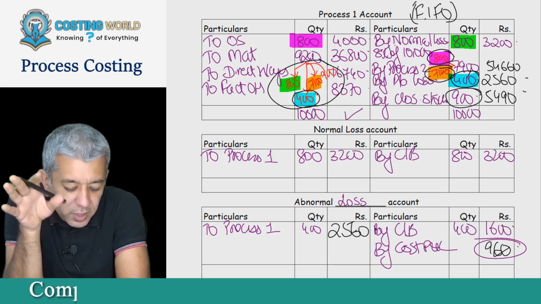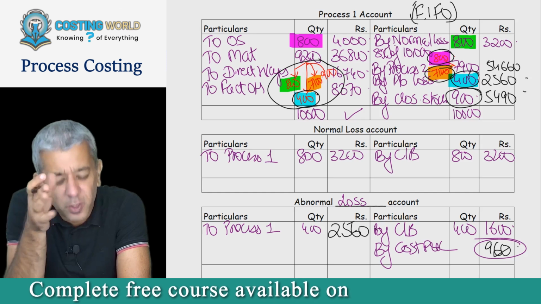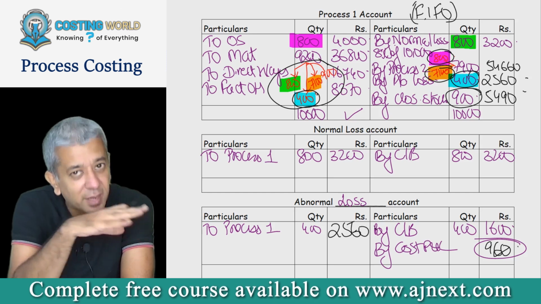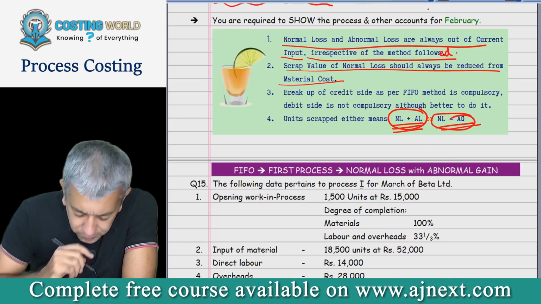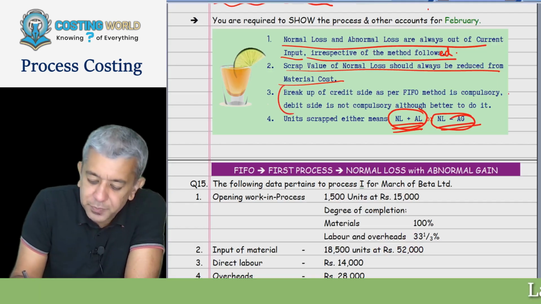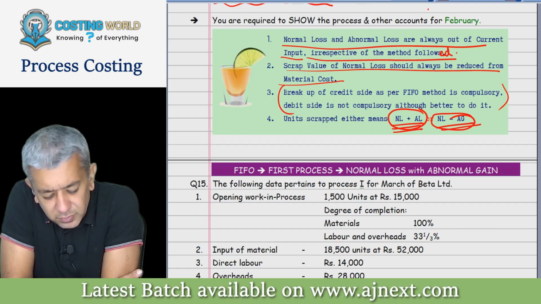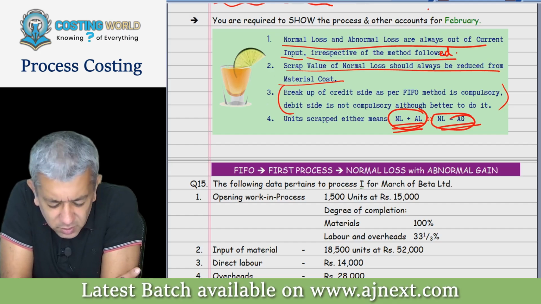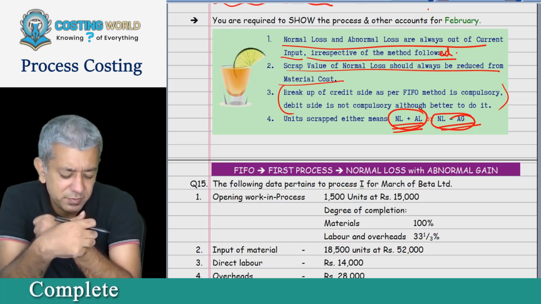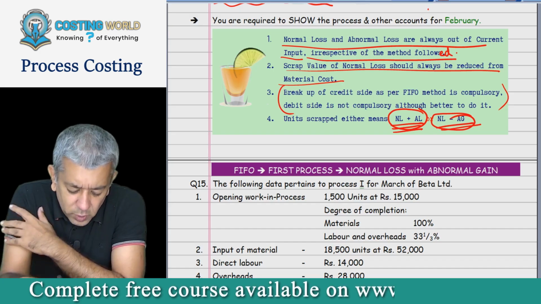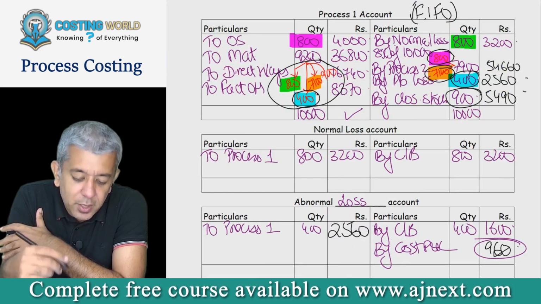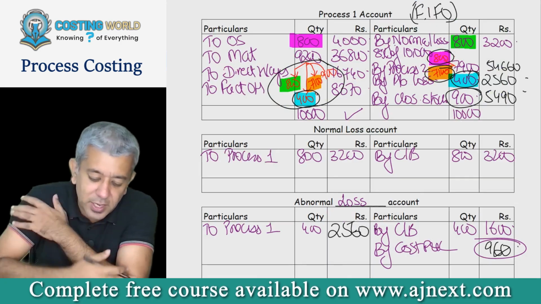You don't require the breakup of the debit side, but it's always better to do it, and that is why I've done it right from the first question. And that is what I've written over here. Breakup of credit side as per FIFO method is compulsory. Debit side is not compulsory, although it's better to do it, and that's why I've always done it. Otherwise, whatever you require for the statement of equivalent output all comes from the credit side only. Okay.